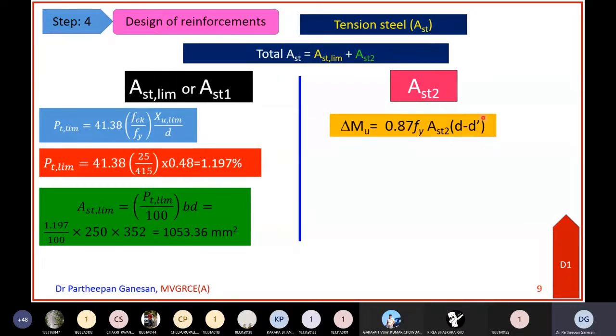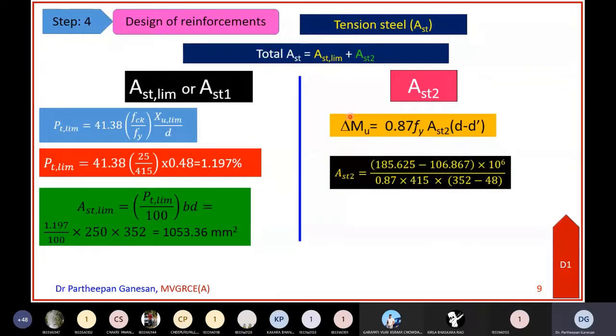Compression steel is placed at an effective cover of D dash. The only unknown is AST2, because delta MU you know. So AST2 is equal to delta MU divided by 0.87 FY into D minus D dash. If you substitute all these things, you will get AST2 as 718 millimeters square.